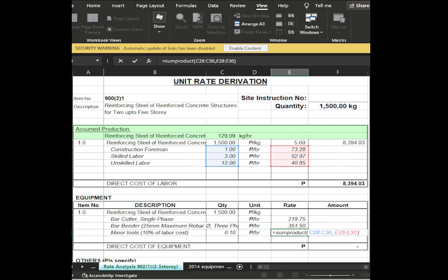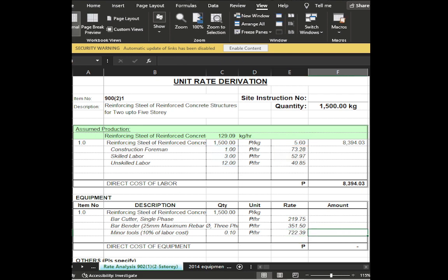Then we will, no need to multiply that one because we will put it here together. So convert again this one to peso per kilogram. We will some product, wait, we need 0.5 hour for bar cutter for every 129 kilogram of reinforcing steel.